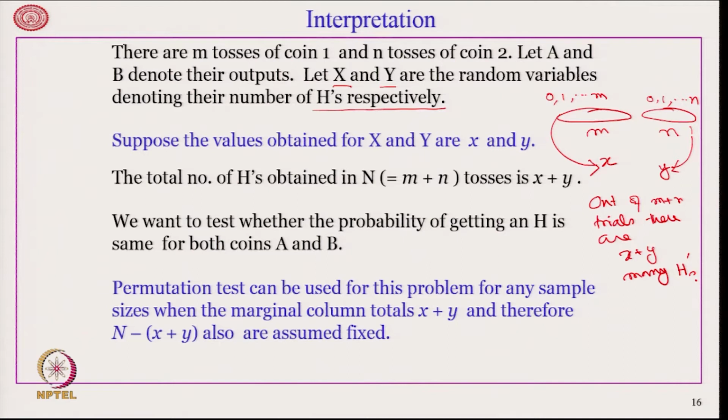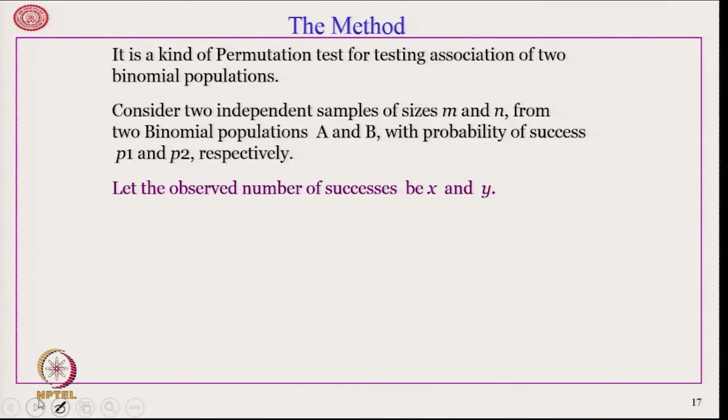We want to test whether the probability of getting an H is the same for both the coins A and B. So, the permutation test can be used for this problem for any sample sizes when the marginal column totals x plus y for success and m plus n minus x plus y for failure are assumed to be fixed. So, in some sense we are also using the permutation test for testing the association of the two binomial populations.